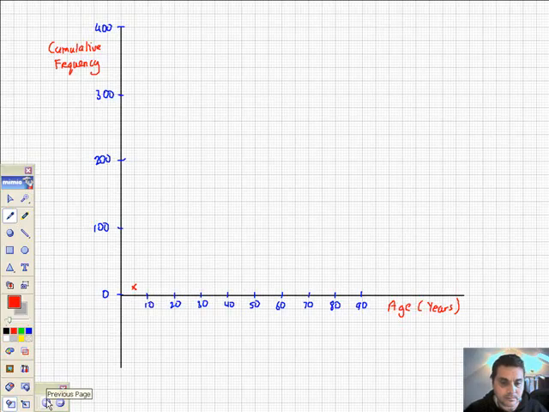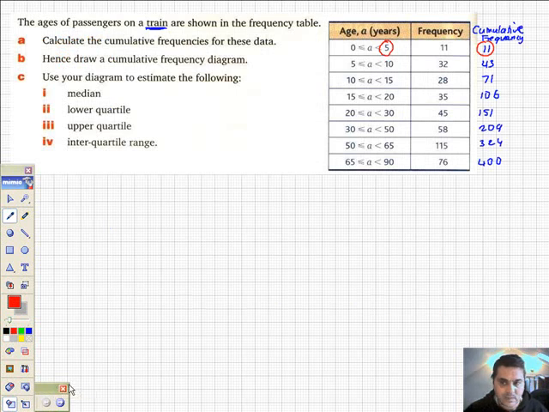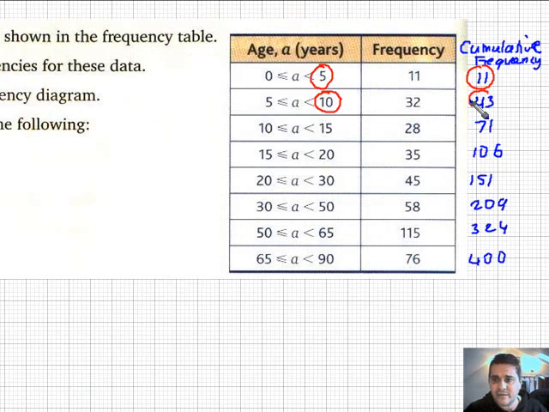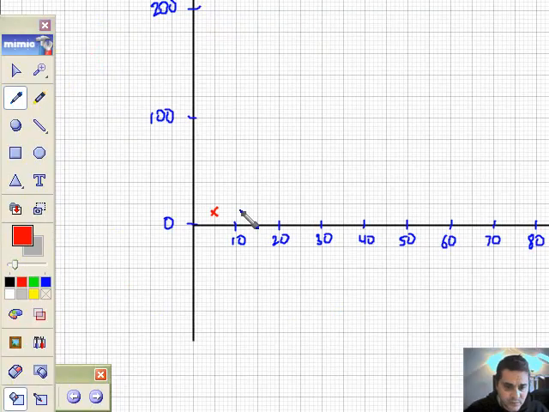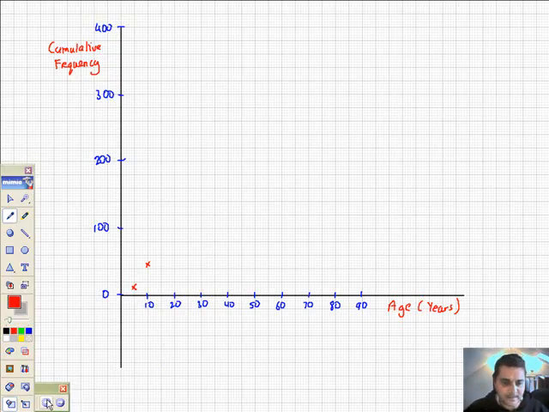Next one, I'm going to use the upper bound again, so 10 and 43. 10 across and 43, 20, 40, 60, that's 50, 43 will be closer to 40 than anything else, so that's alright.